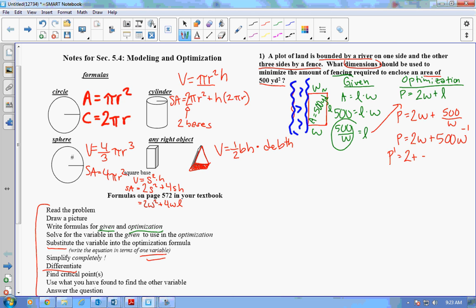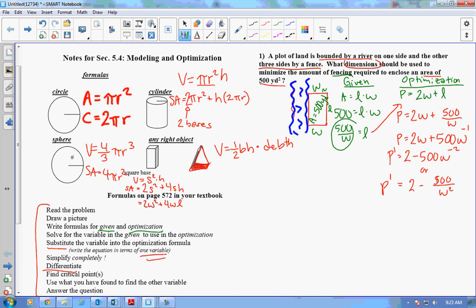So I can just put 2 minus 500 W to the -2 power. Or if you like to see that differently, 2 minus 500 over W squared.